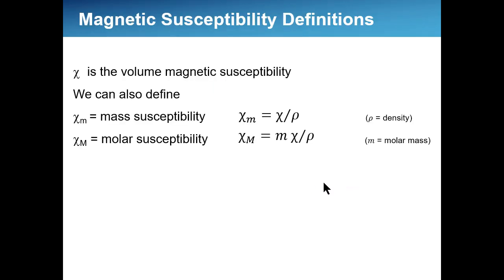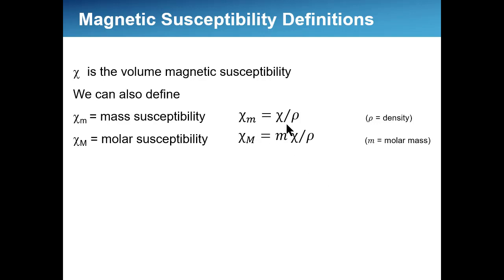So it's worthwhile in a session like this to link to standards a bit and think about good numbers. There are multiple definitions of the magnetic susceptibility. What we've been looking at so far is the volume magnetic susceptibility. You can also define the mass susceptibility, susceptibility per unit mass, or the molar susceptibility, the susceptibility per mole of a material.